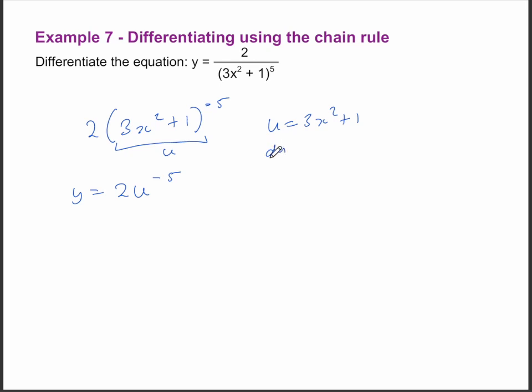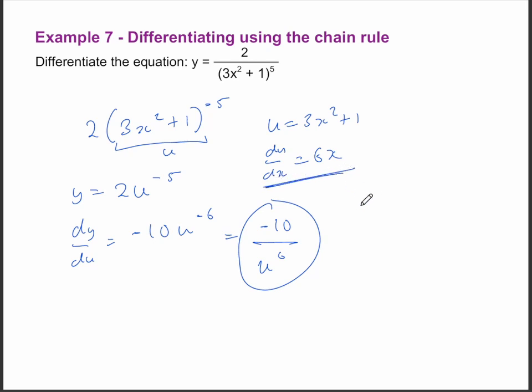Taking the derivative here, du over dx is just going to be 6x. Taking the derivative here, dy over du is going to be negative 10 u to the power negative 6, which is just negative 10 over u to the power 6. Then what we will do is multiply these two to get our dy over dx.